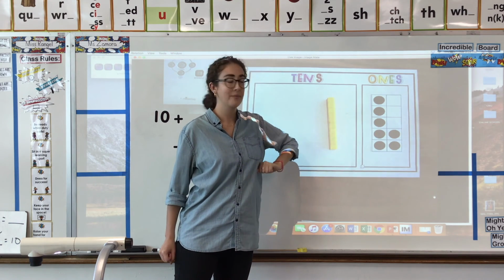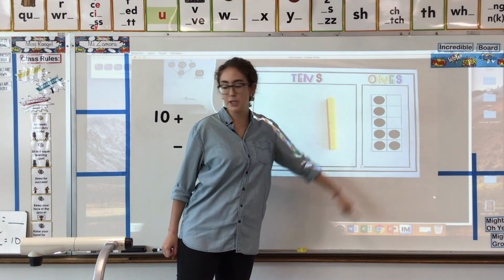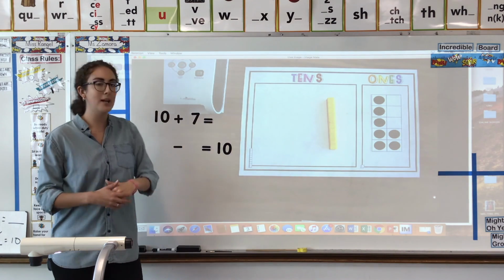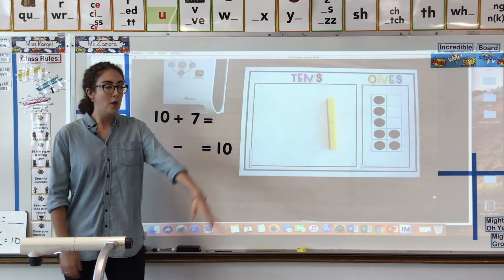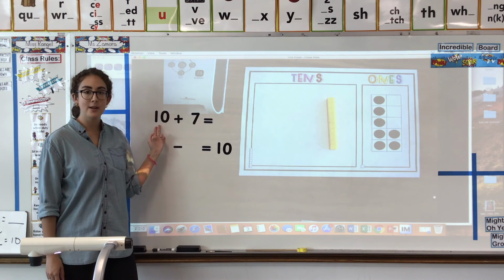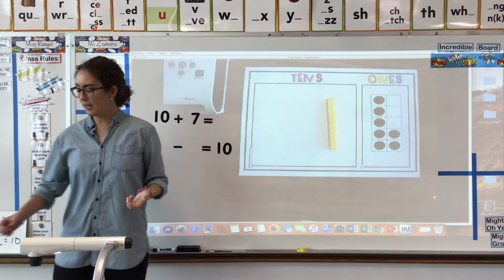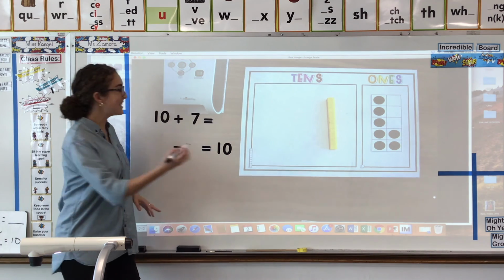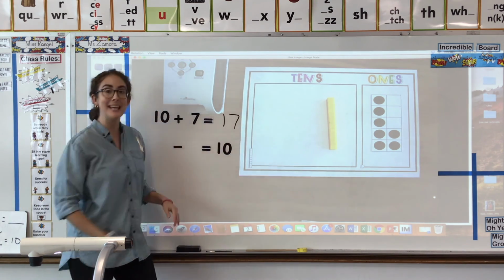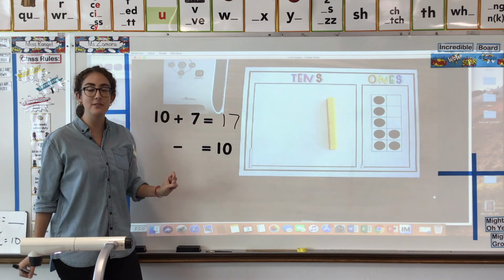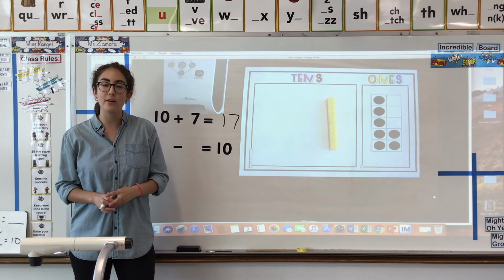What do you see? 5 and 2. That is 7 ones. So we have 1 ten. We're adding 7 ones. If we put them together, what number is that? It equals 17.